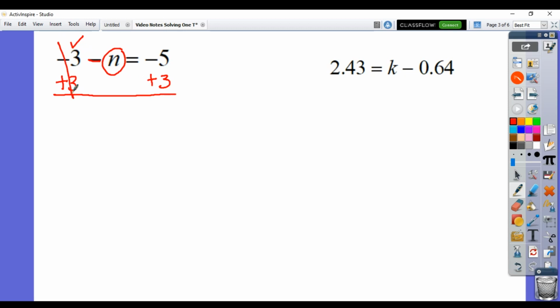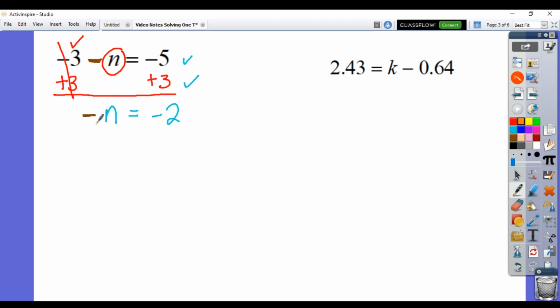This crosses out because that will give you a 0. Here's the common mistake of students. They will drop the n and say negative 5 plus 3 is negative 2. Good job, but not quite, because this is negative. So that negative goes with the n there. So you have to pay attention to the sign before the variable, or before the expression or the number.